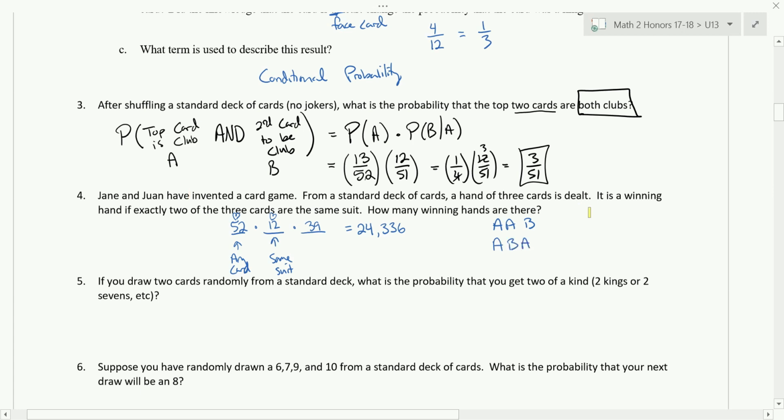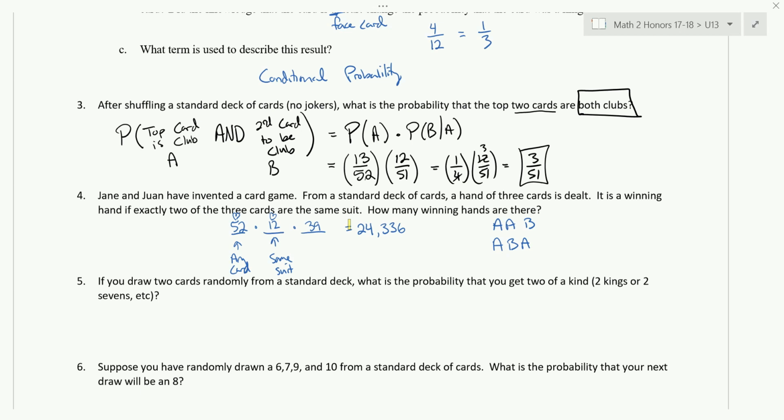Or is that part of the 24,336? I guess that's my question. Is part of it? Why? The combination? Or is it a permutation? So here we're saying how many choices do we have? 52 choices times 12 times 39.